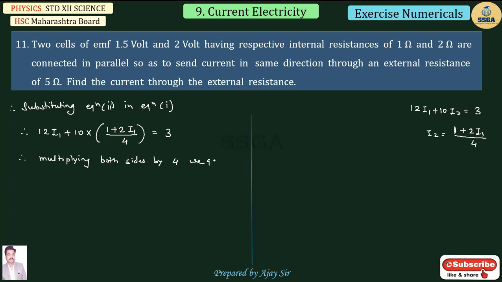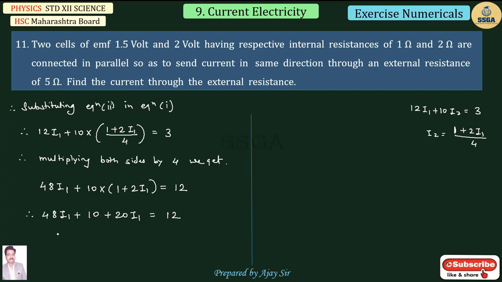We get 4 into 12, that is 48, into I1, plus this 4 and that 4 get cancelled, then this is 10 into (1 plus twice I1), which is equal to 4 into 3, that is 12. So now let us remove this bracket. Therefore this is 48 into I1 plus 10 plus 20 into I1, which is equal to 12.